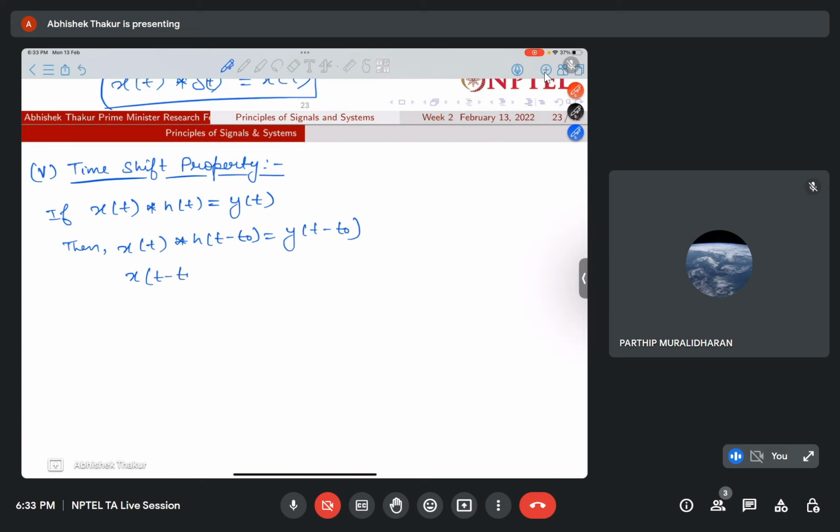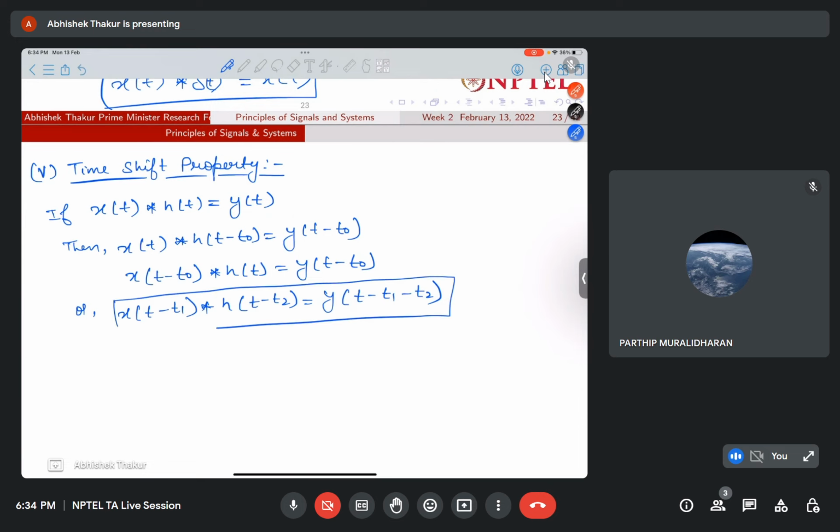And this is also equal to x(t minus t naught) convolved with h(t), which is also equal to y(t minus t naught). Or in a better way, we can write x(t minus t1) when convolved with h(t minus t2), then it will give y(t minus t1 minus t2). Understood?